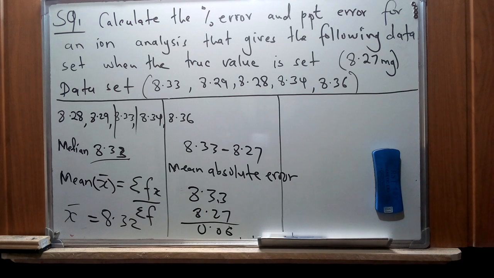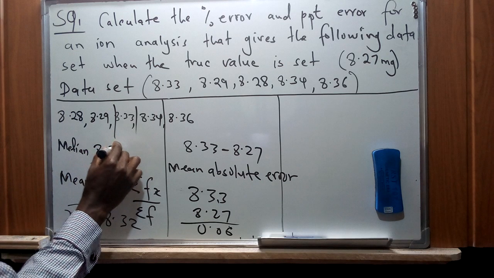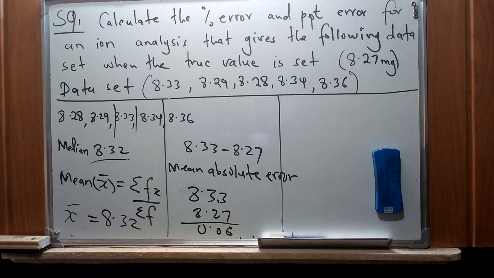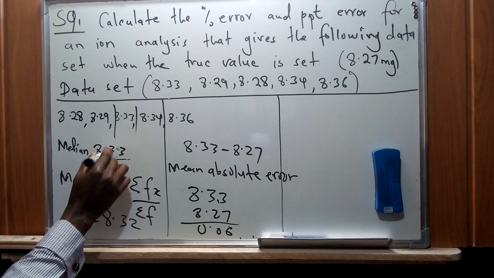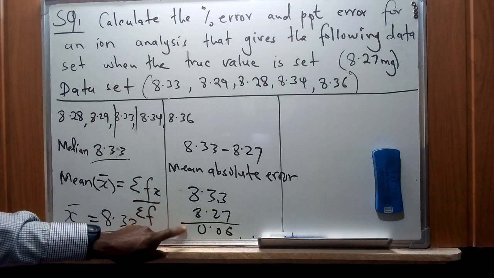And the mean relative error is going to be expressed. Just trying to confirm my calculations. I just confused the mean. This is going to be the mean that is going to be there. So this one gives us the absolute error.